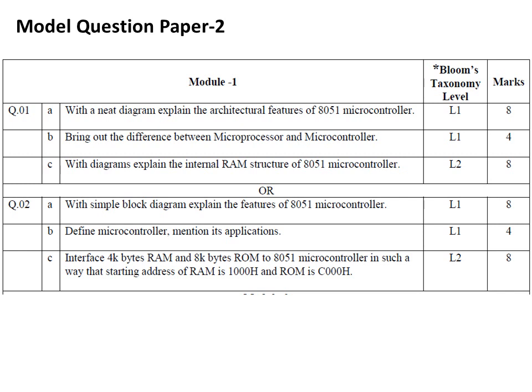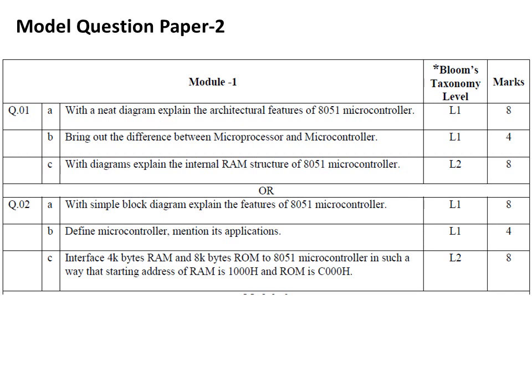And the internal RAM of 8051 is organized into 3 distinct areas, that is register banks from 00 to 1F. It includes 4 register banks: register bank 0, 1, 2 and 3, and each register bank includes 8 registers, R0 to R7.